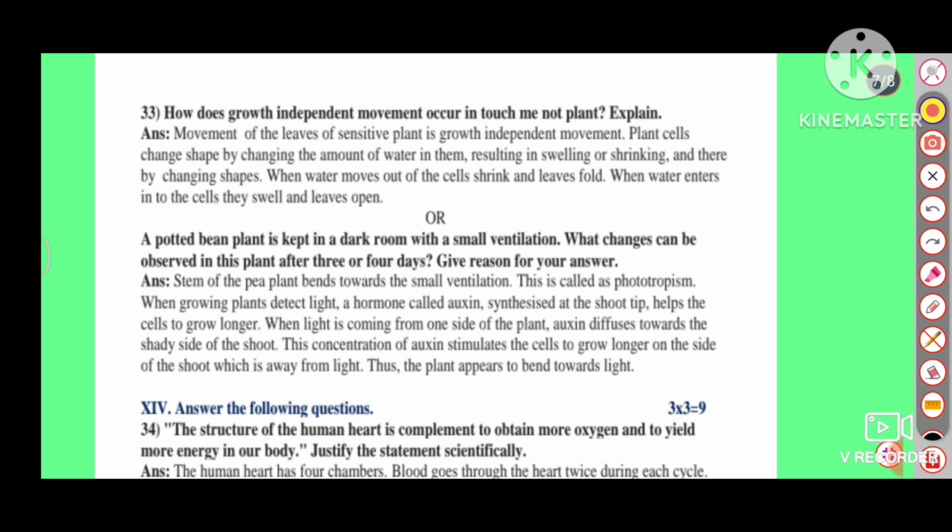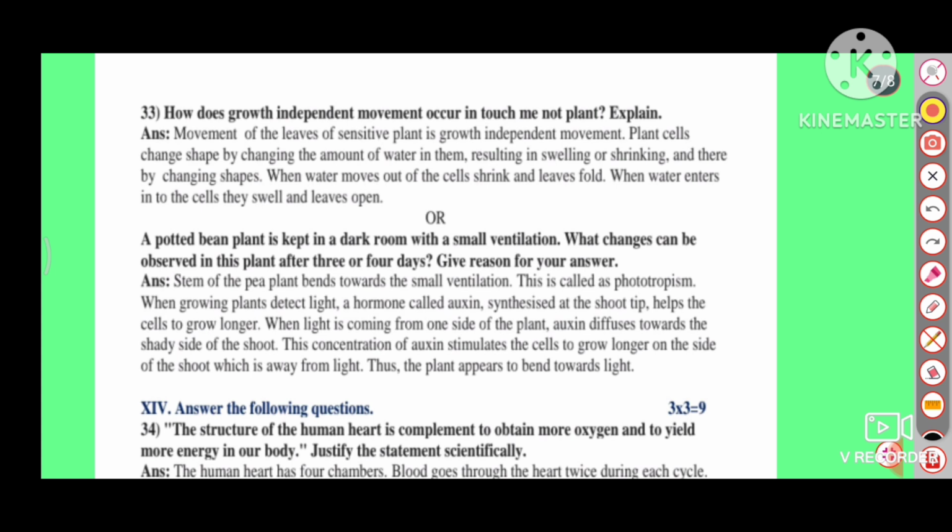phototropism. When growing plants detect light, a hormone called auxin synthesized at the shoot tip helps the cells to grow longer. When light is coming from one side of the plant, auxin diffuses towards the shady side of the shoot.